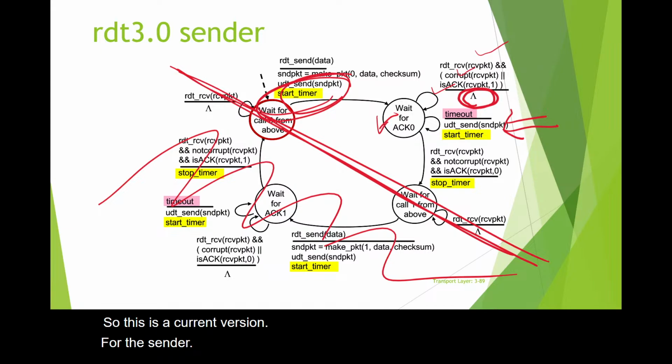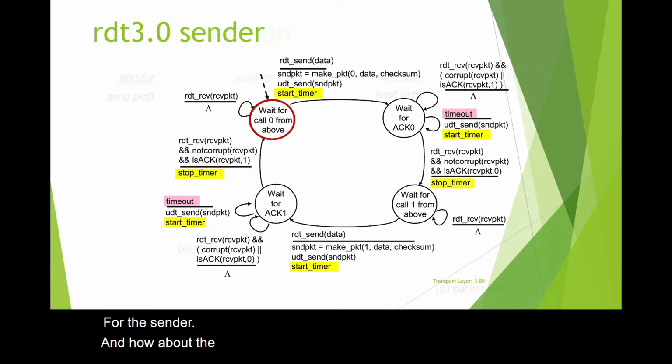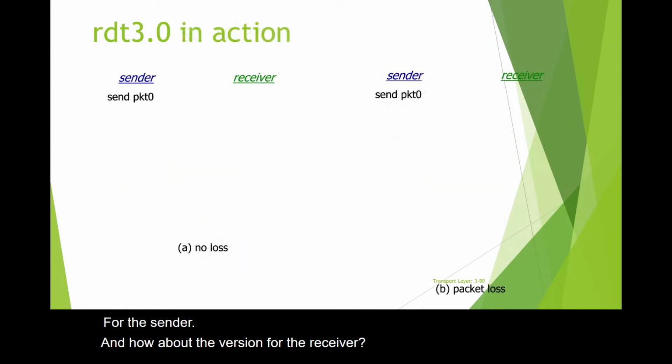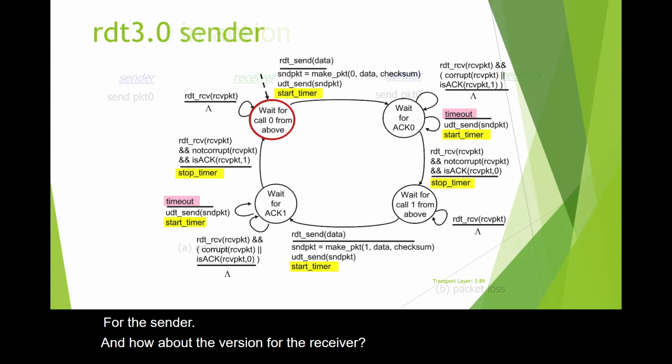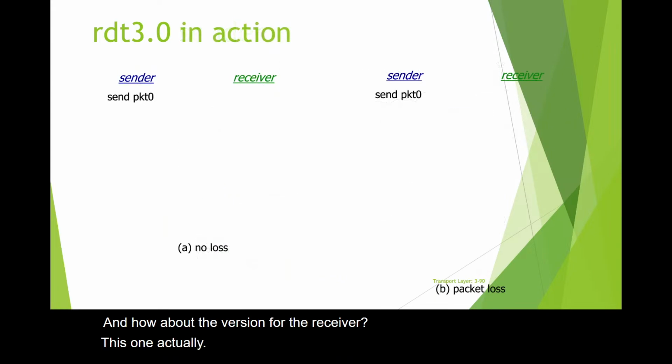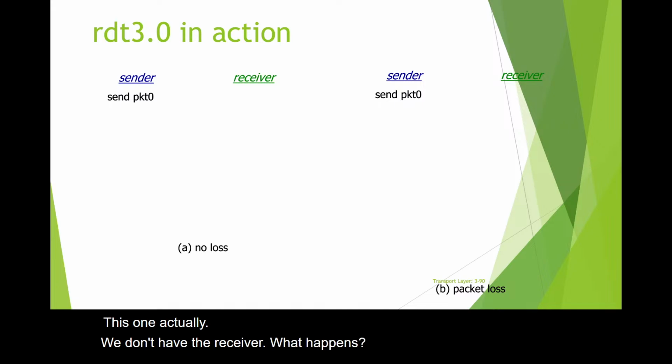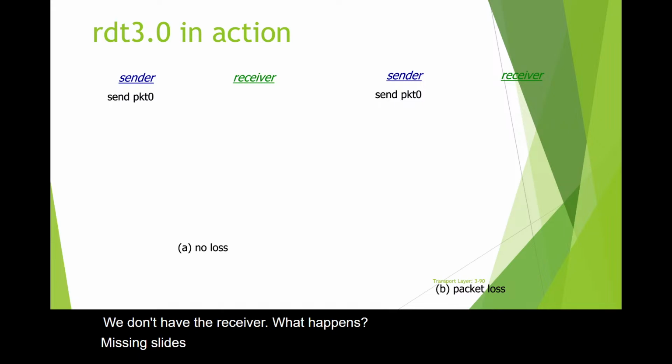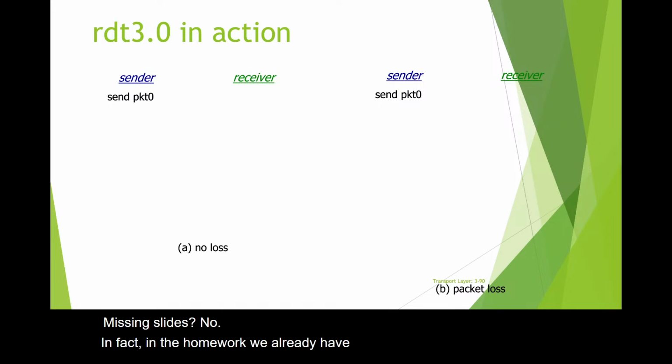And how about the version for the receiver? This one, actually, we don't have the receiver. What happens? Missing slides? No. In fact, in the homework, we already have one possible problem.